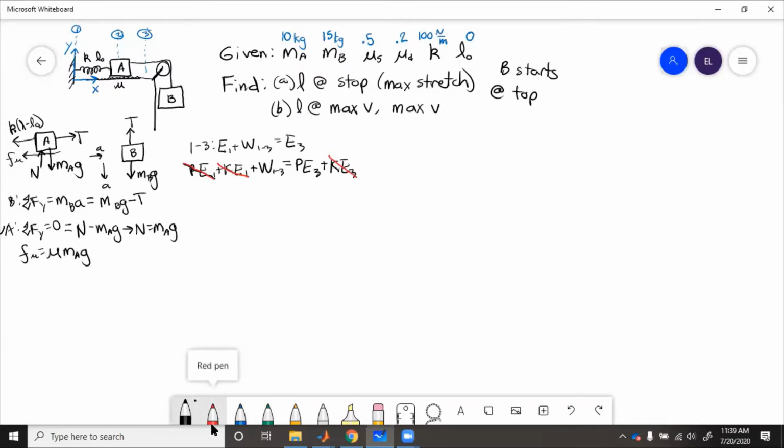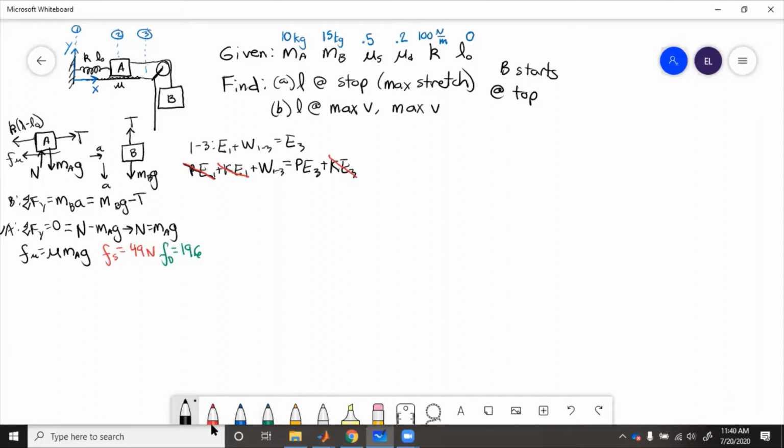So then friction equals mu times MAG. So we put numbers in here for static, then that equals 49 newtons. And for kinetic, that equals 19.6 newtons.